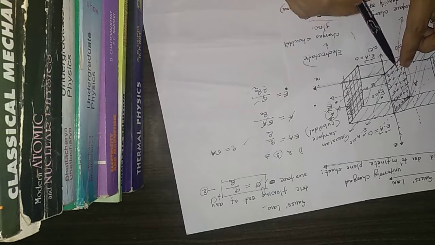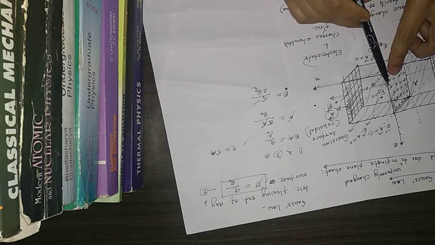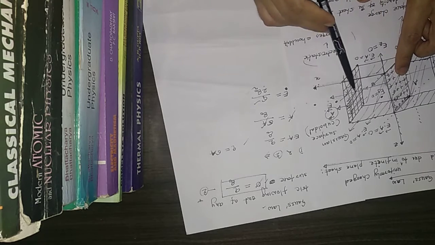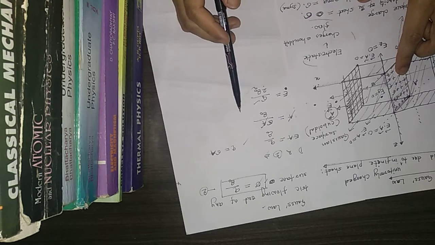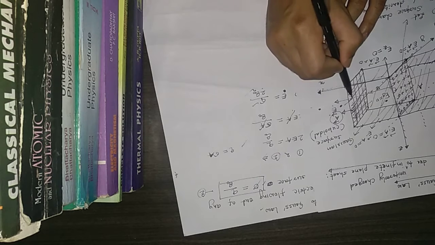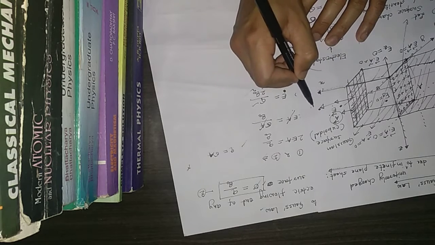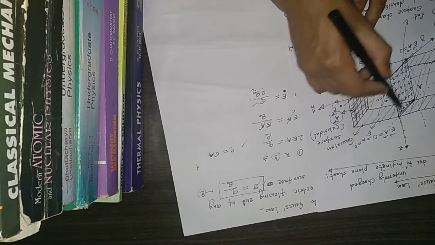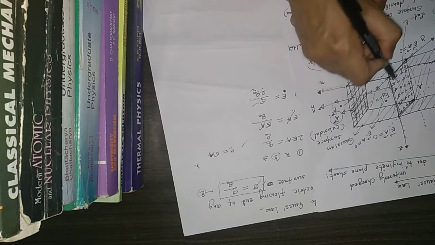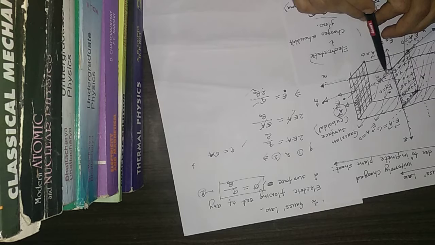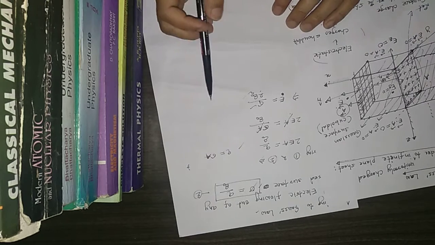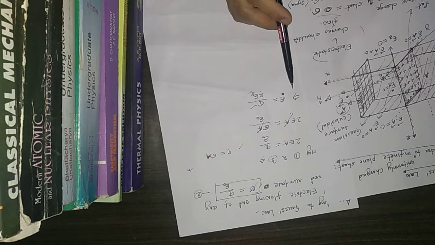So at any distance perpendicular to the sheet, the value of the electric field remains constant, and the direction of the electric field will be normal to the plane sheet. It won't depend on the distance.